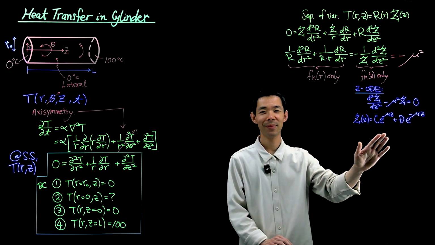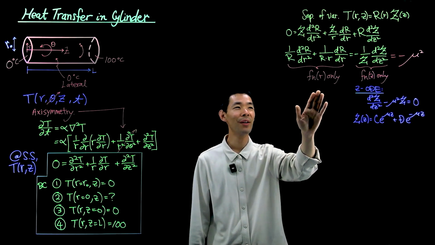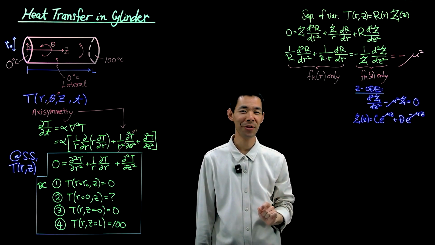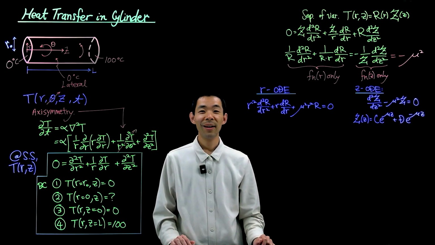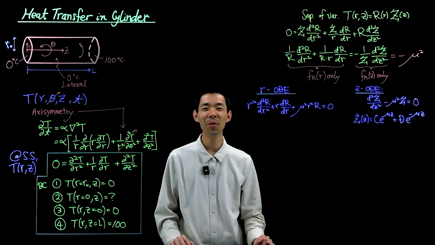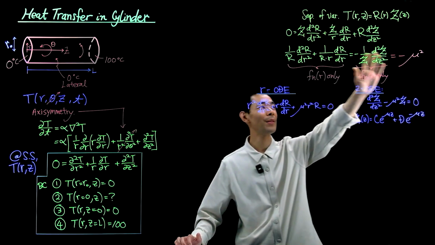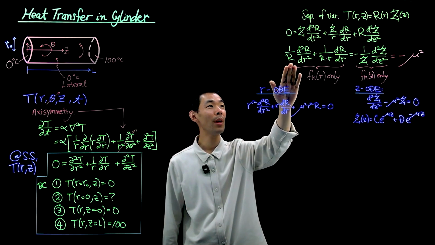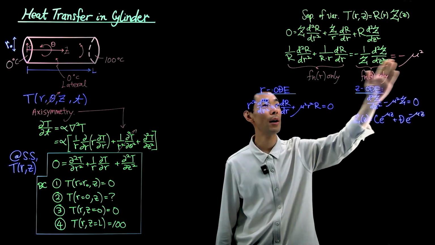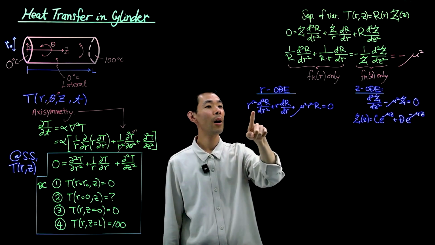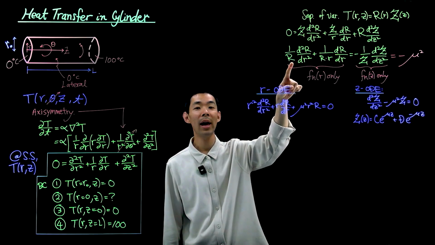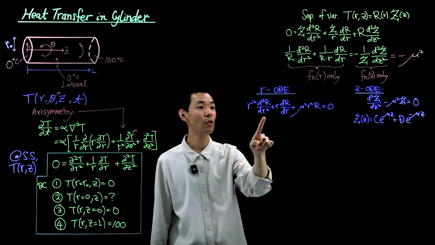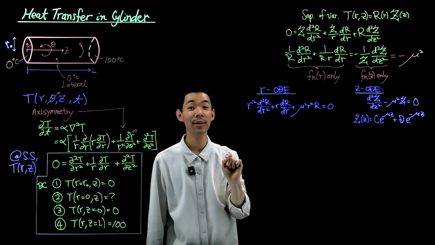No big deal. Now, let's try to figure out the other ODE, which seems to be a little bit more challenging. This is the other ODE that comes out of separation of variables. All I've done here is multiply this entire equation across by r squared and capital R. Therefore, the first term, the second derivative, just acquires a little r squared.